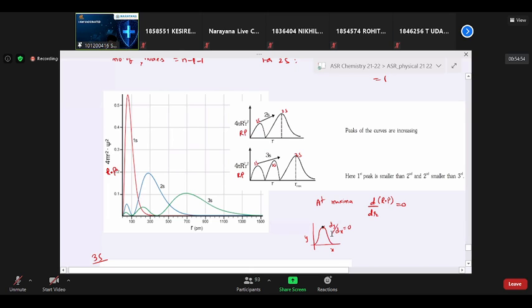The same you can draw for y versus x, and at the minimum point also we can write dy by dx is equal to 0. At the maximum point and minimum point, both cases will be 0. So d by dr of the probability will be 0 at maximum. Mathematical questions they might ask you are based on this idea.